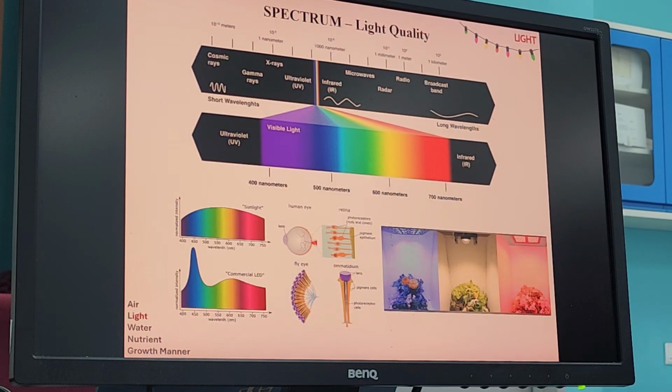Let's see this thing. You see that? It's 40. Why is it not written here?